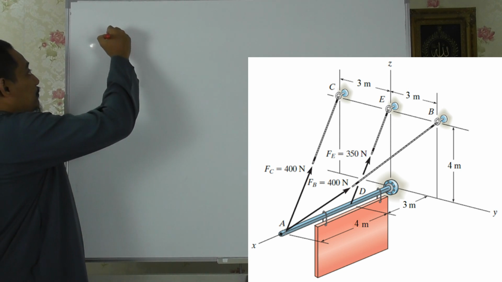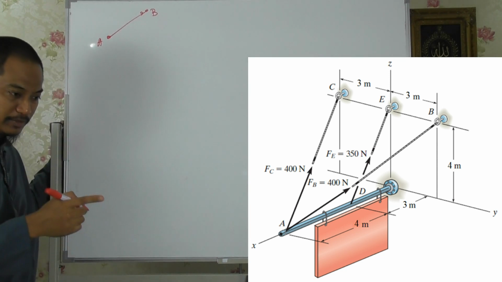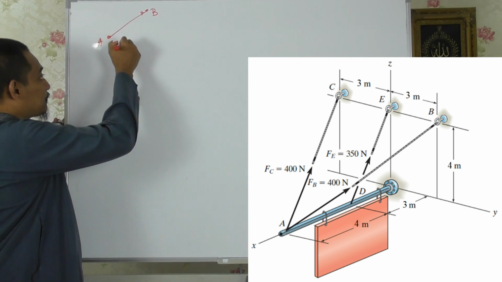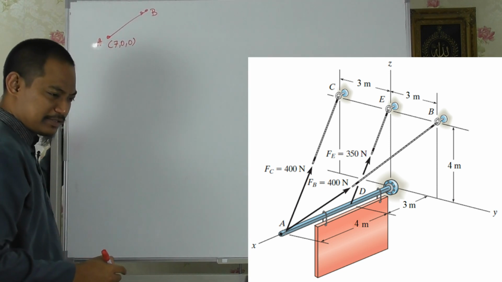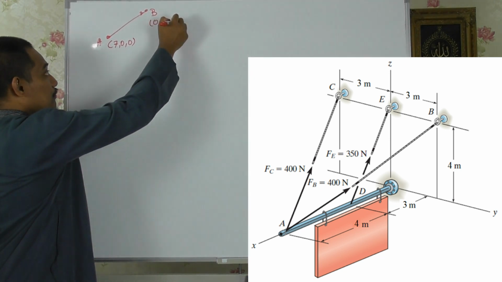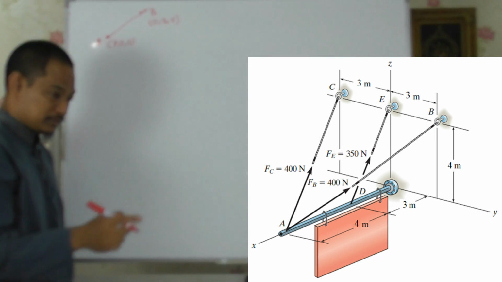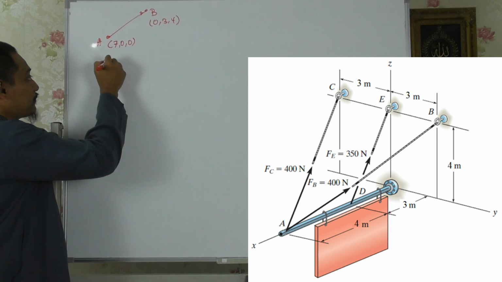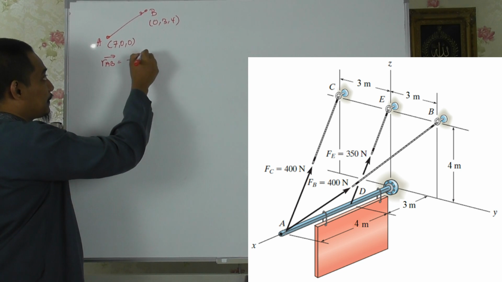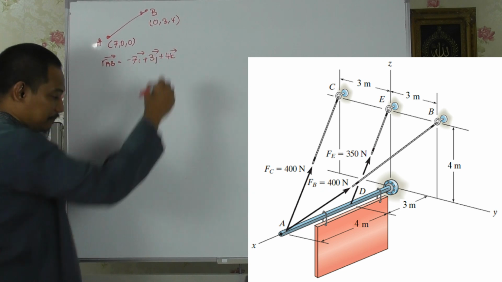So from point A to point B, this is for FB there. Point A is 700. Point B is 034, right? 700, 034. So the vector RAB is B minus A, so minus 7I plus 3J plus 4K.